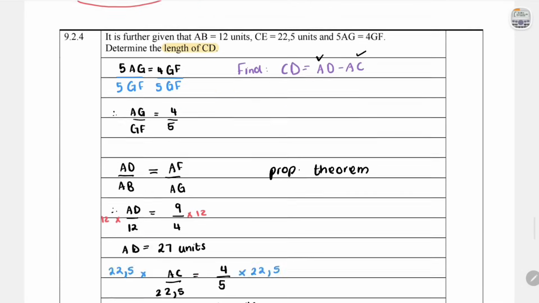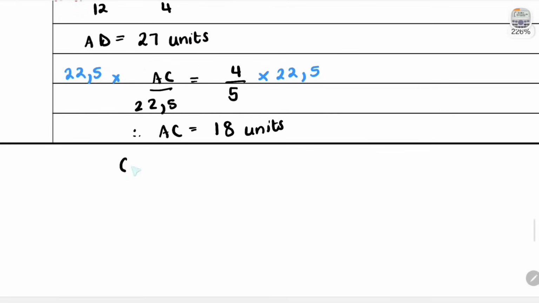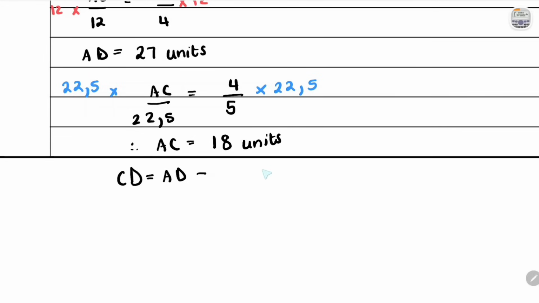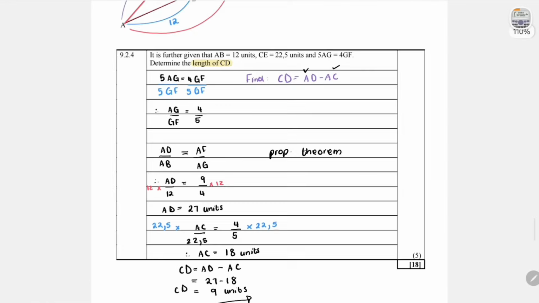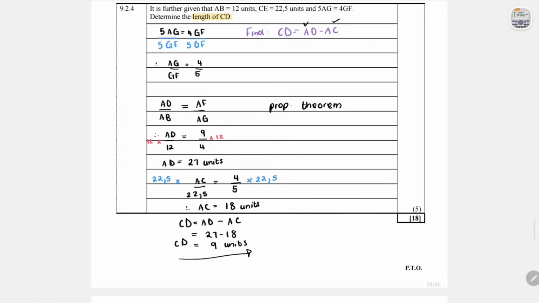So we're using this equation that CD is equal to AD minus AC. So this is 27 minus 18, which is 9 units. And there we go. CD is equal to 9 units. And that is the answer to this question.